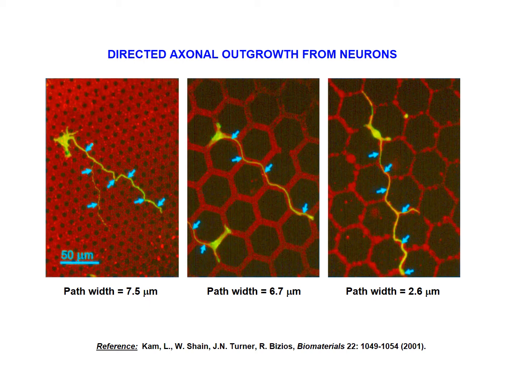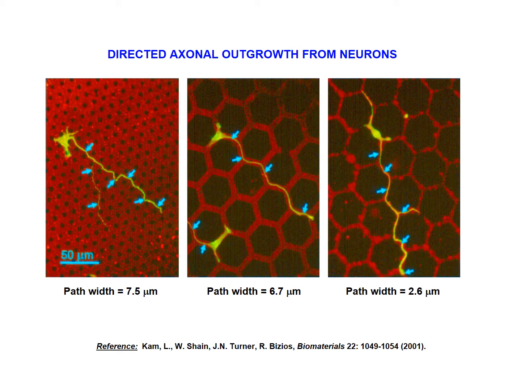One of those extensions, however, is the one that becomes the axon, and this was the function of the neurons which was investigated in this study. As you can see, the axonal outgrowth is on the path and extends to a long distance from the soma of the neuron.